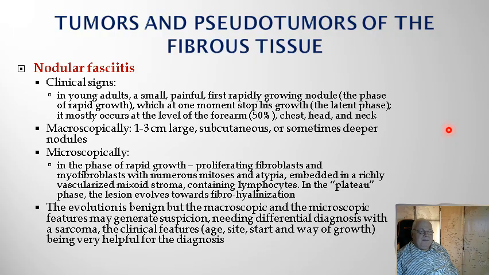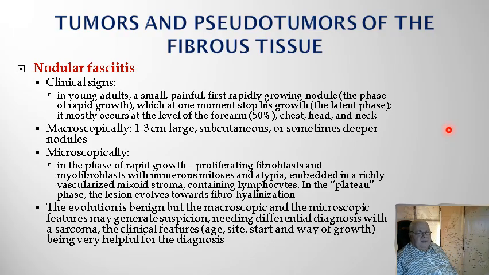But it's very important, it's with pain. Usually malignant tumors are painless. This one is growing rapidly with pain in this particular superficial location of the fascia, mostly at the level of the forearm, but possible anywhere on the surface of our fascia.